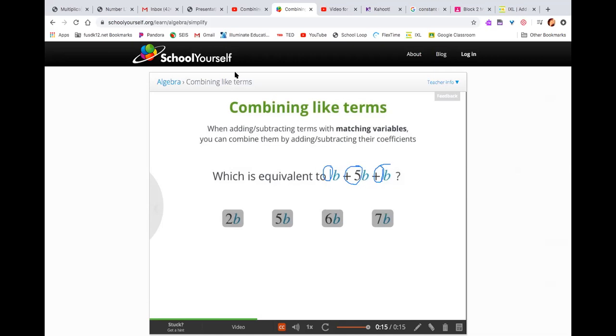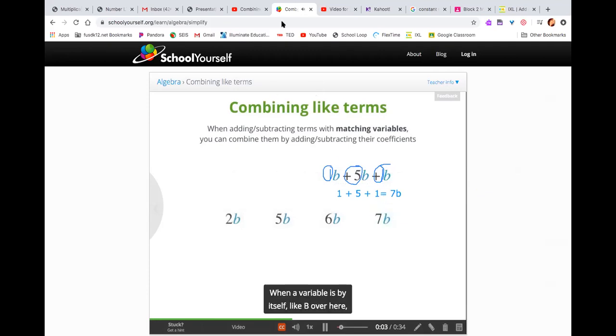Okay, and after I circle those, I can also write 1 plus 5 plus 1 equals 7, and then I put my b back on there, right? Okay, so you guys are telling me 7b? Nicely done.